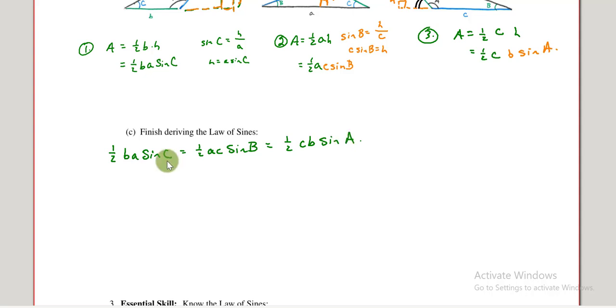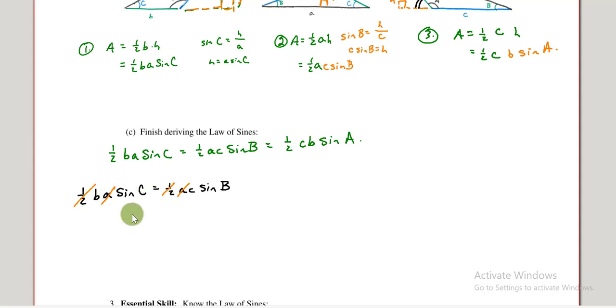So now what I'll do is I'm going to group together pairs of these equations. All three of these are equal. Let's group together pairs. So let's just group together the first two. If I just group together the first two, we'd have 1/2 ba sine of C is equal to 1/2 ac times the sine of B. In this case, the two factors of a will divide out, as will the two 1/2s.